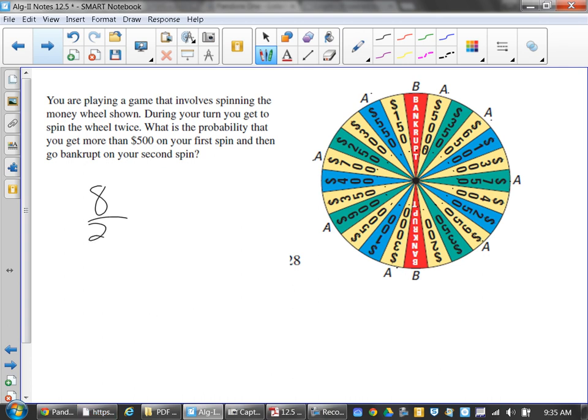So the probability is 9 out of 24 times 2 out of 24. So 1/12. Correct.